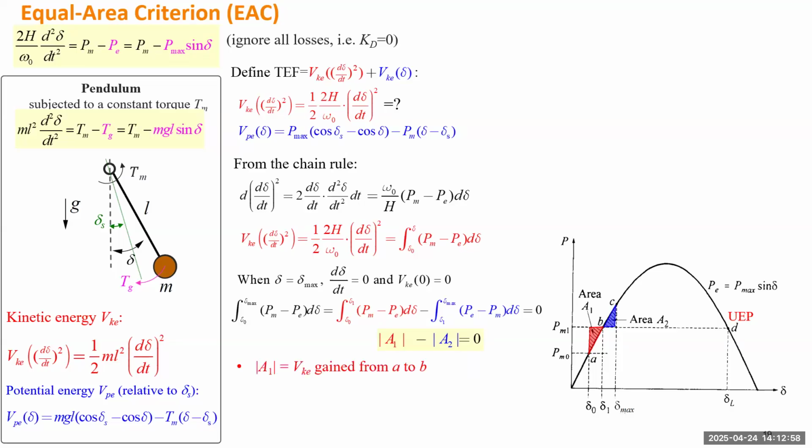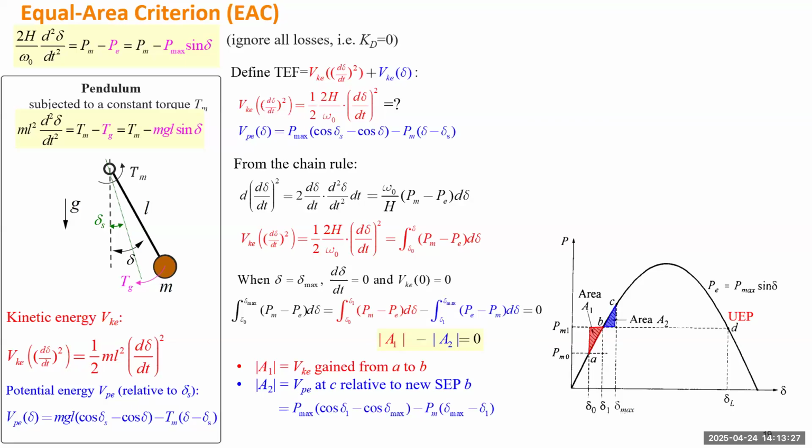The meaning of the red area is the kinetic energy gained by the system from A to B, because in the process of accelerating from A to B, the accelerating power has always been positive. So we will gain some kinetic energy. And the blue region is the potential energy at C relative to the new equilibrium point.